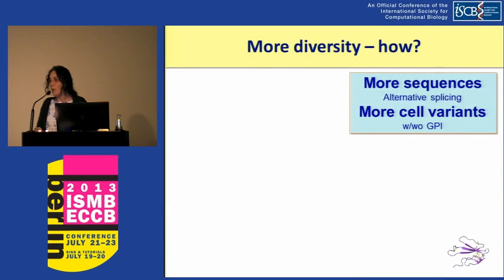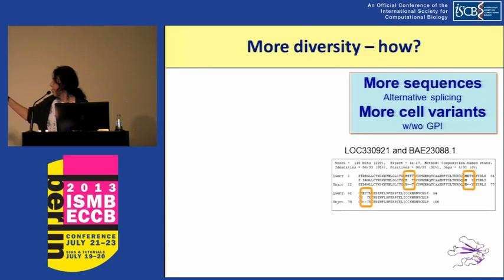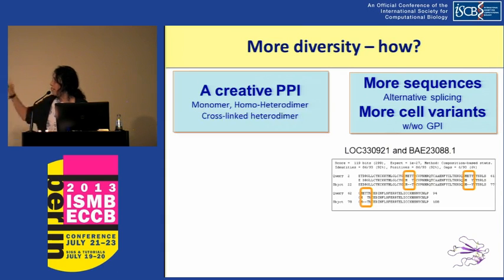Do they have more creative ideas? I'll show you two. One is they have a lot of alternative splice. Some are with GPI, some are without this anchor. As you can see, short deletion makes them new variants. But what about the other? Do they have a creative protein-protein interaction? We just heard about how you build up protein-protein interaction.